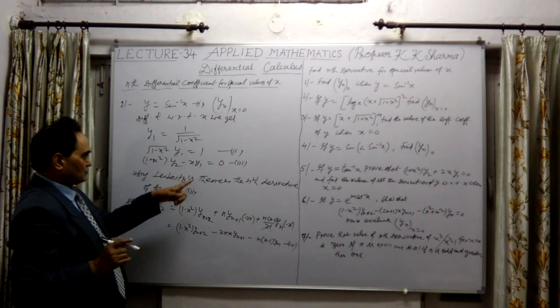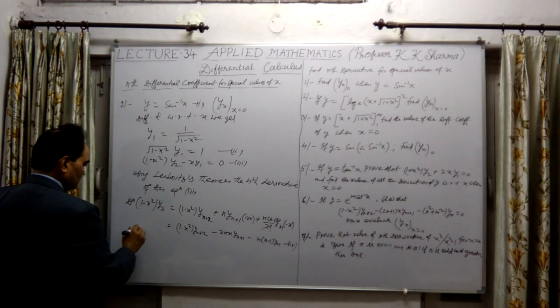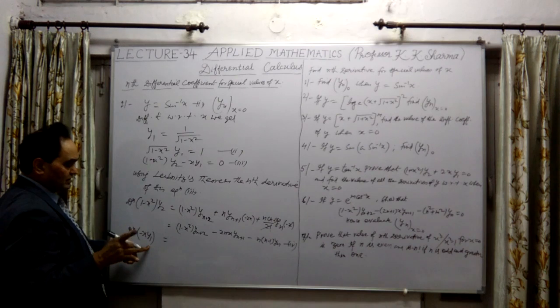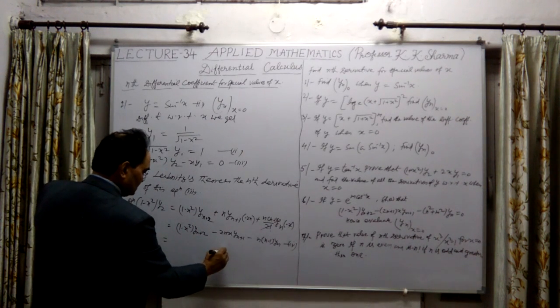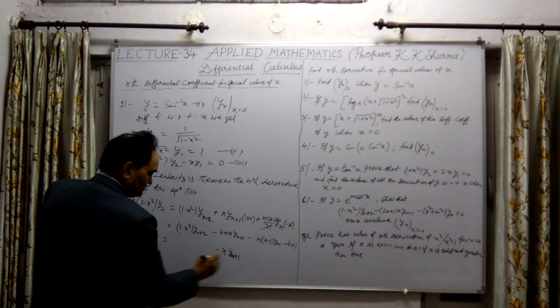Now the nth derivative of the second step. The nth derivative of minus x into y1 will be, this is y1, so the nth derivative of y1 will be y n plus 1. This is minus x, v as it is. The derivative of u is un, that means y n plus 1.